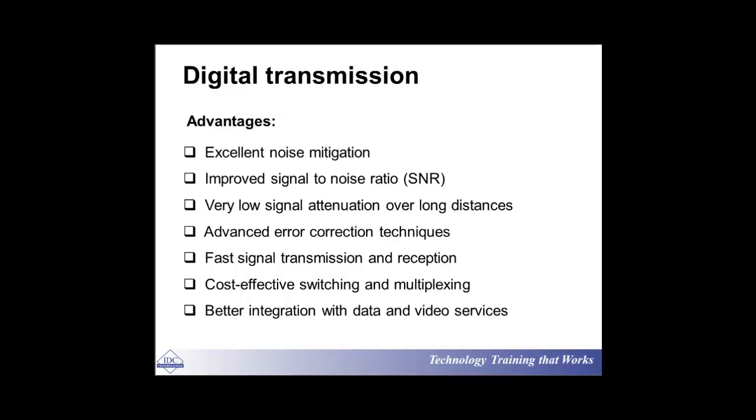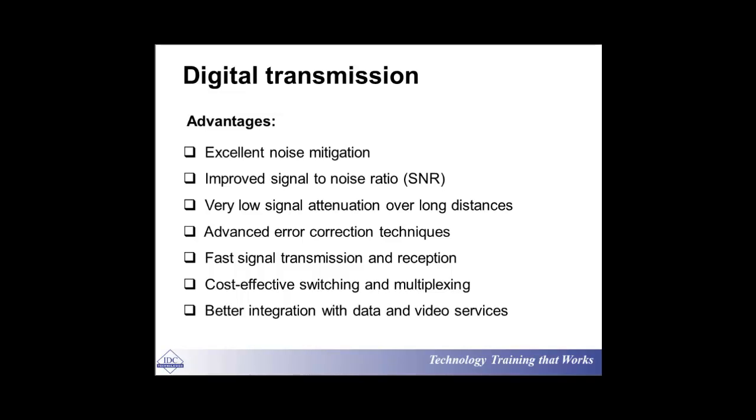And an index for measuring that noise mitigation is what we call the SNR, the signal-to-noise ratio, which is measured in terms of decibel. So that is 10 times logarithm of the signal-to-noise ratio in base 10. All right, so that is what we call the SNR, and SNR in terms of decibel should have a minimum acceptable value.